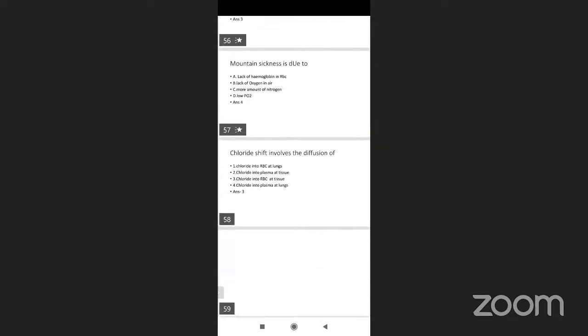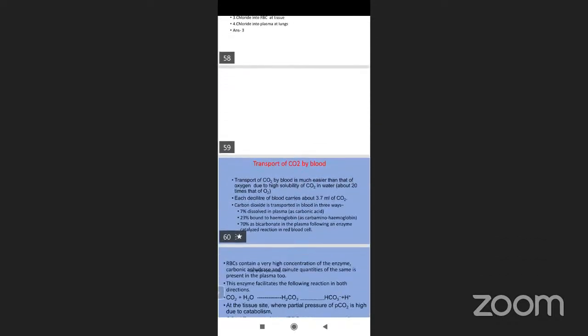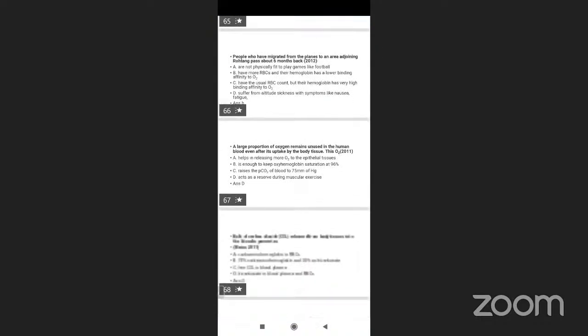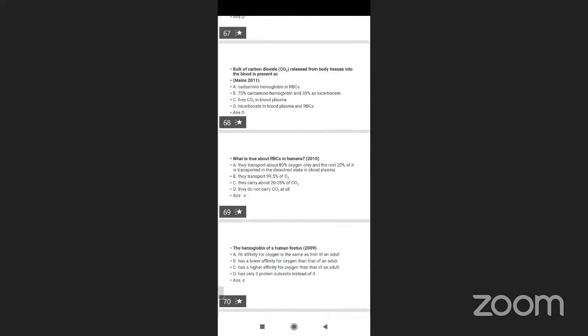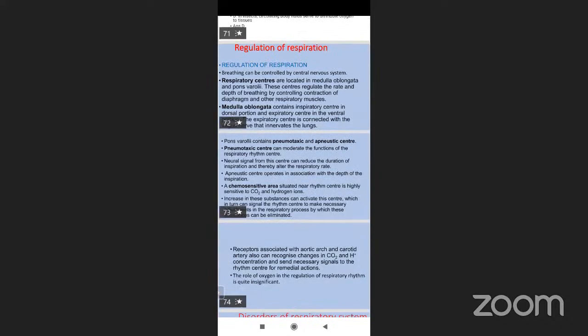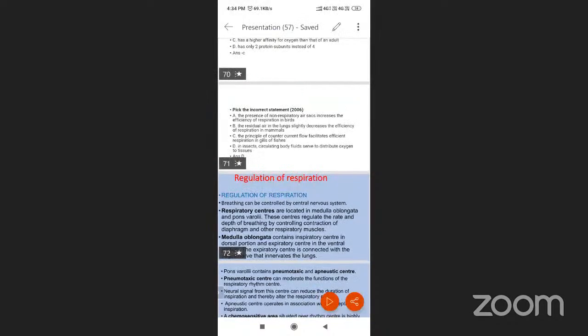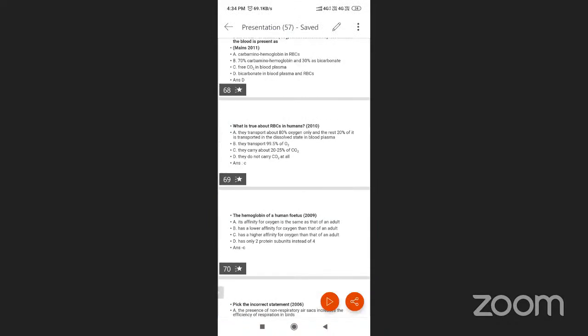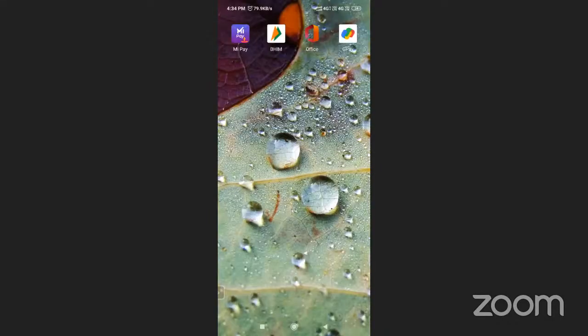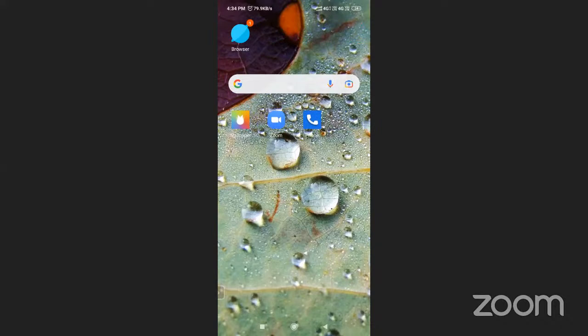These are the different modes of questions. You have to keep practicing many questions related to the topic, so that you get used to the mode of the questions and then you will be able to answer them easily. With this we will conclude today's session, and we will see regulation of respiration in the next class.